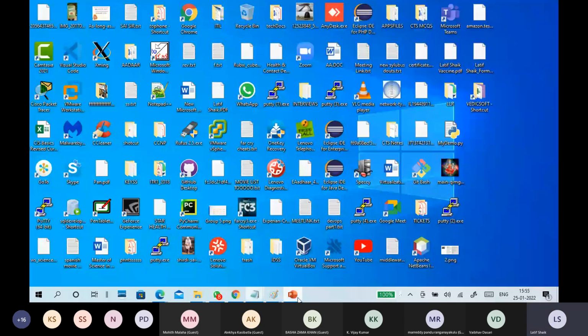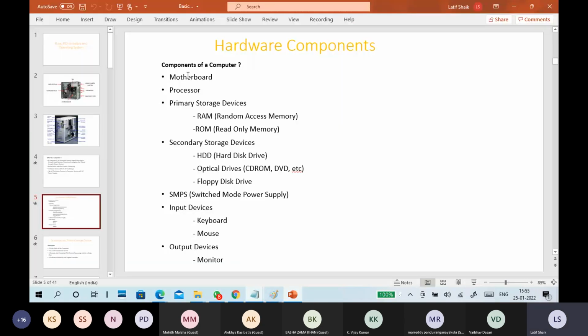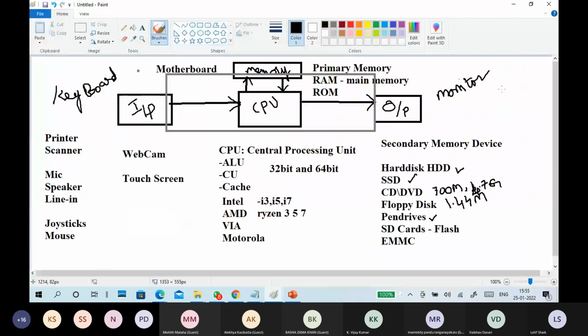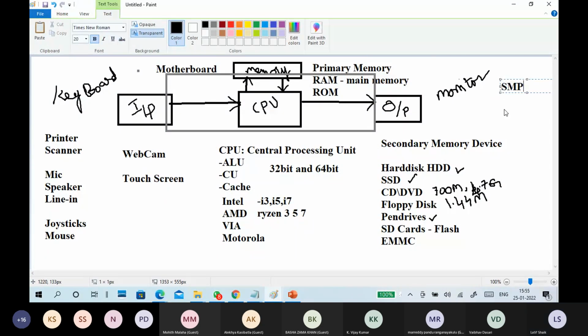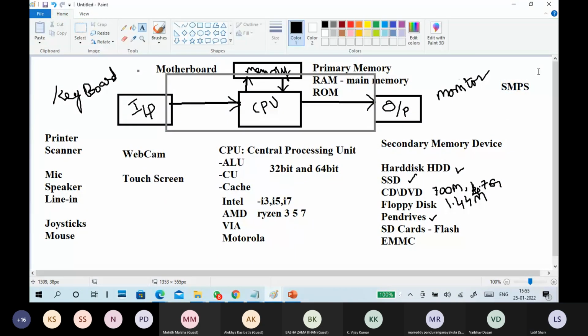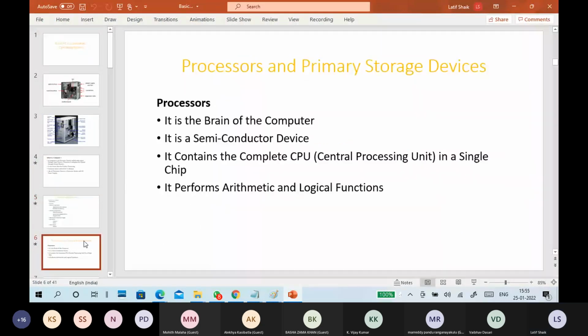Guys, once again, what are the components? Motherboard, processor, storages, RAM, ROM. Secondary storages, SMPS for power supply, input devices like keyboard and mouse, output devices like a monitor. I forgot SMPS: switch mode power supply. Okay, these are the components.